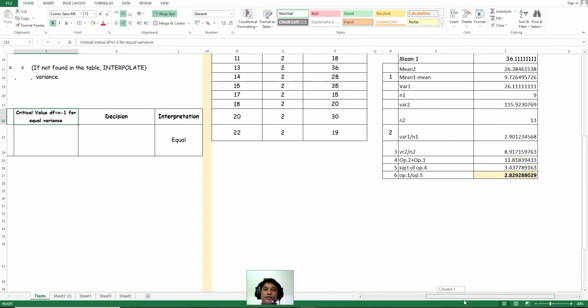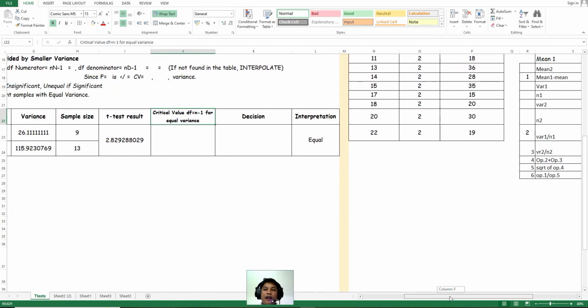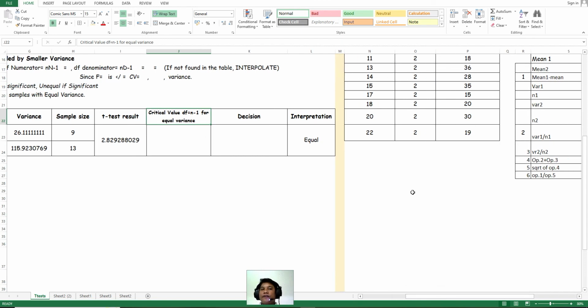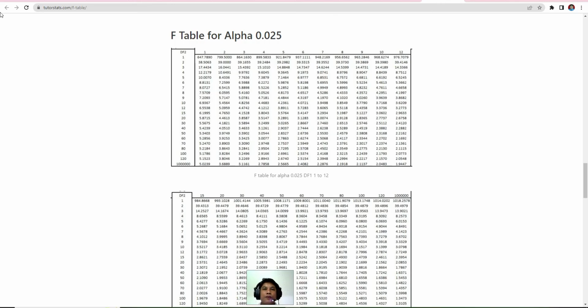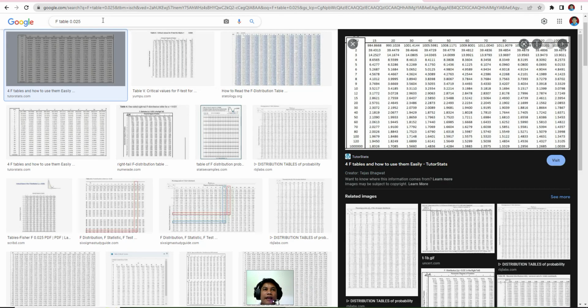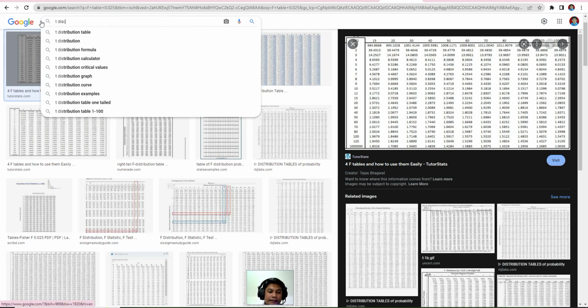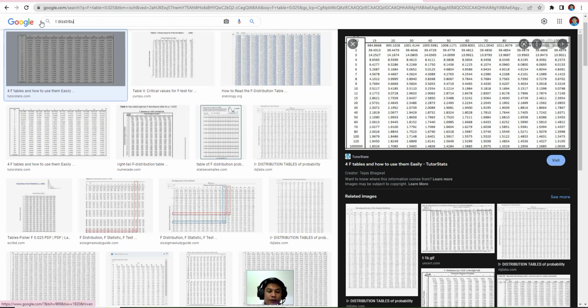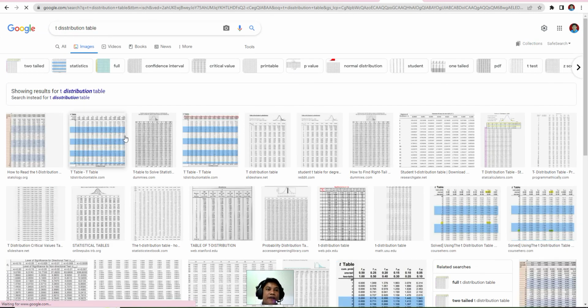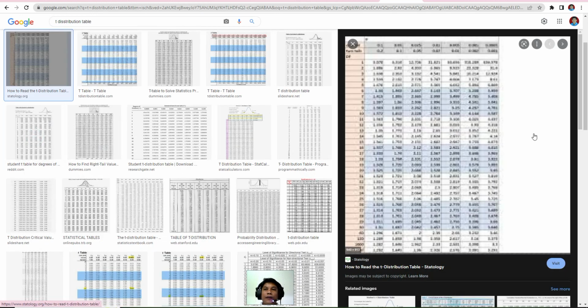So we will use the n of the smaller group, n minus 1 of the smaller group. We will look at the table. We will search for the T distribution table, alpha level 0.05. For T distribution, we will not divide it by 2.